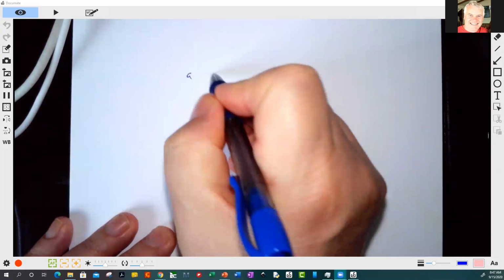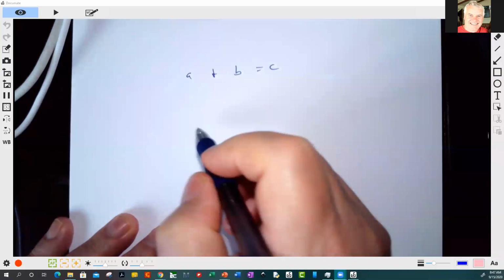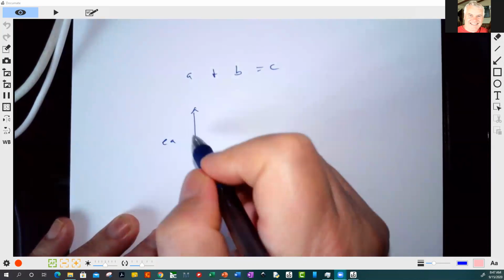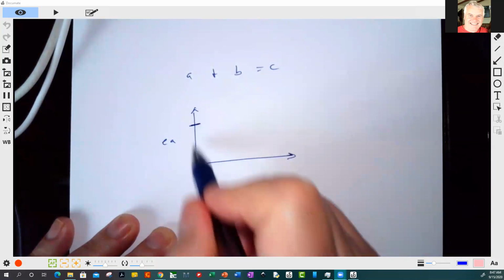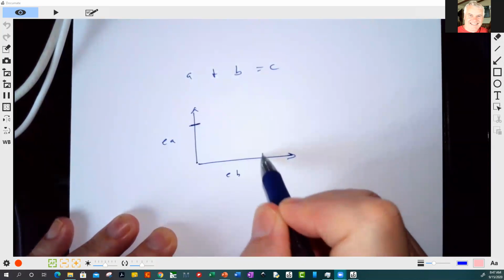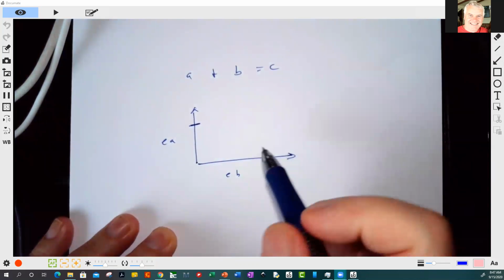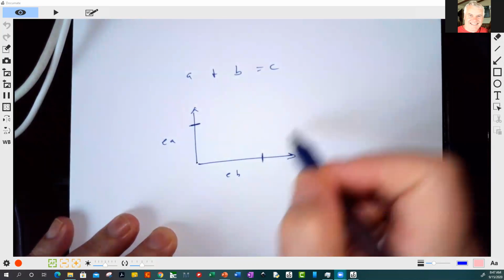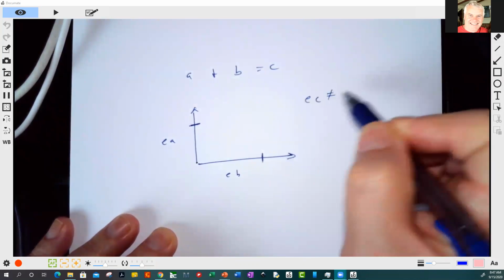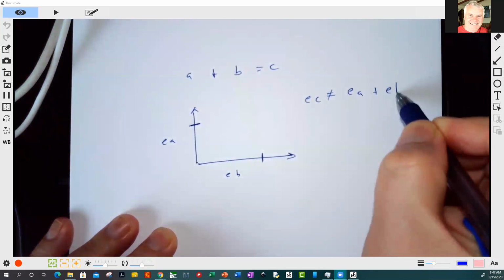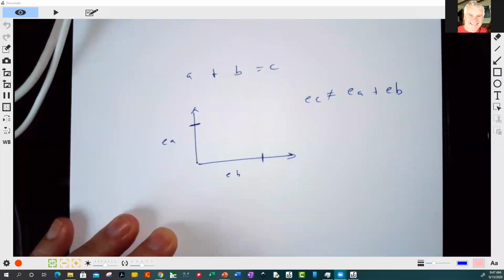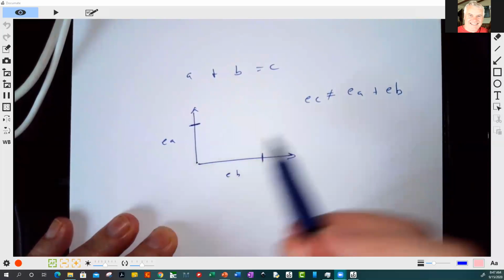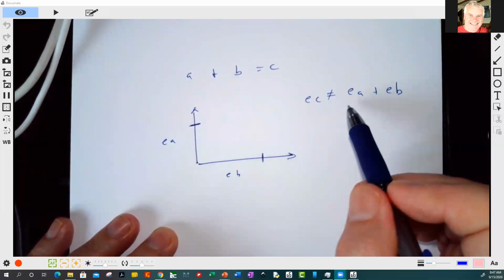That's right. So A plus B equals C. And then let's write E sub A as a value up here, and E sub B as a value down there. Now, if you just add them up, you can get E sub C, and it's not equal to E sub A plus E sub B. You can't do that because E sub B might be negative when E sub A is positive.